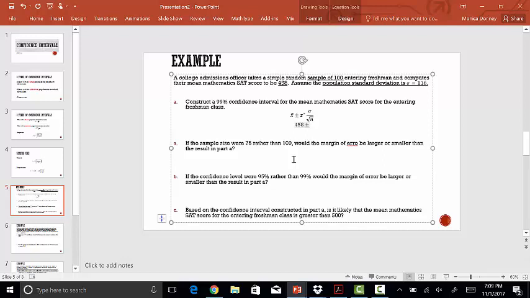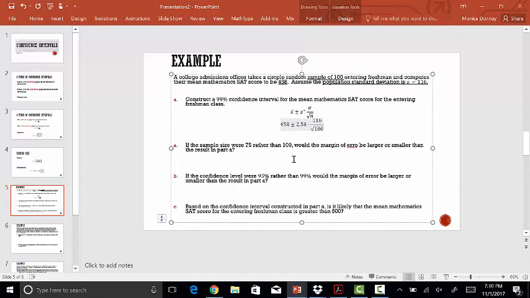If you do that, you should get a z star of 2.58, and I'll write those steps in one second. So 2.58 for our z star times 116, our standard deviation, over the square root of n, which in this case our sample size is 100.